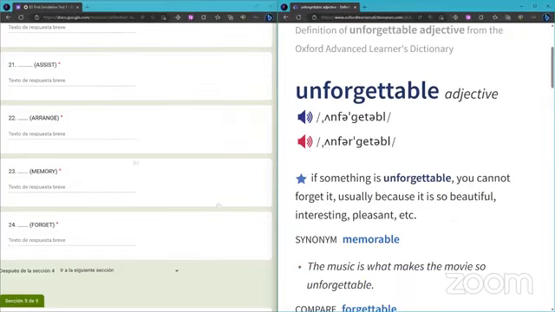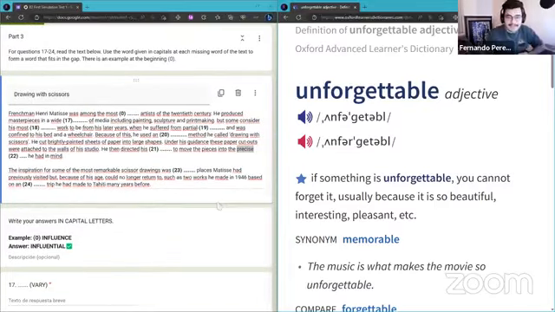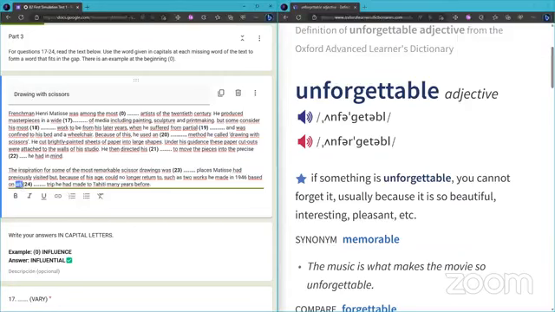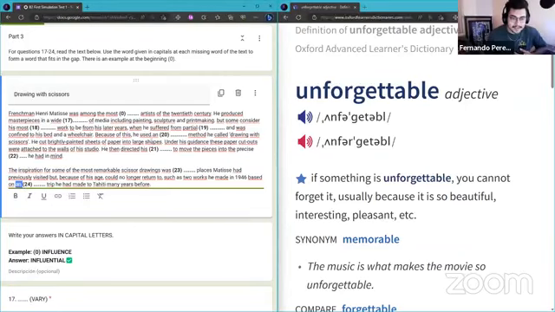You see? That's why I insisted that everybody pay attention to the previous word. As you can see, in number 20, it was not relevant if it was a or an.